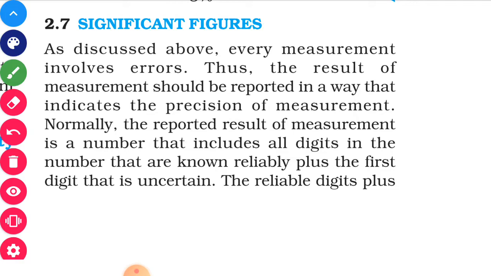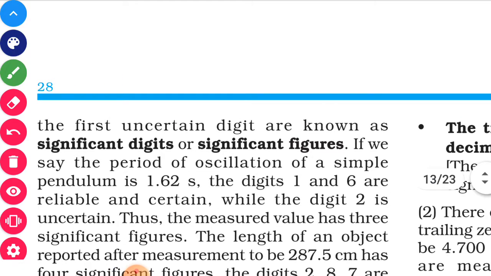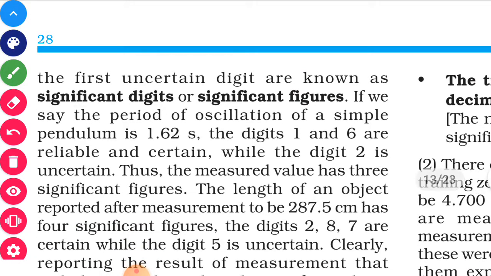The reliable digits plus the first uncertain digit are known as significant digits or significant figures. So this is the definition. Reliable digits and the first uncertain digit, they all are included in significant figures.